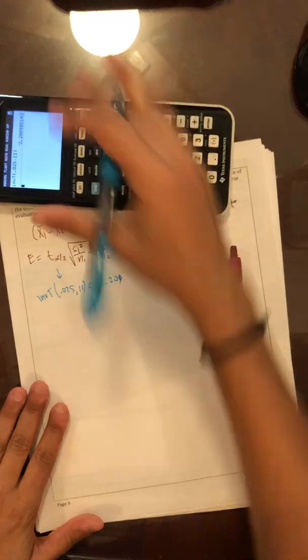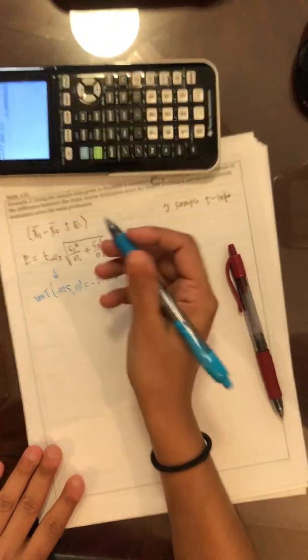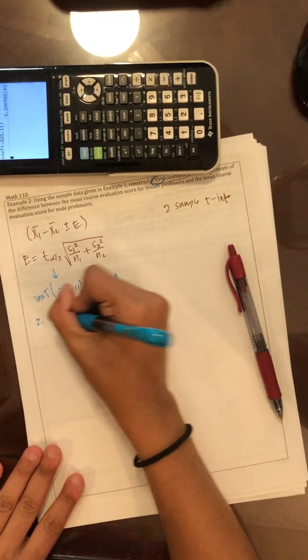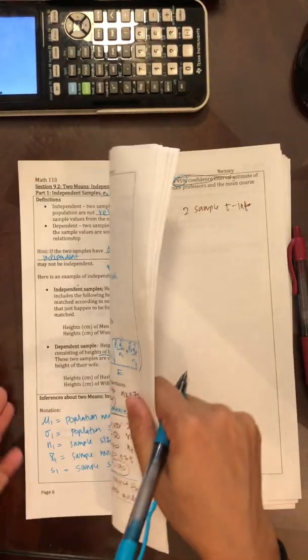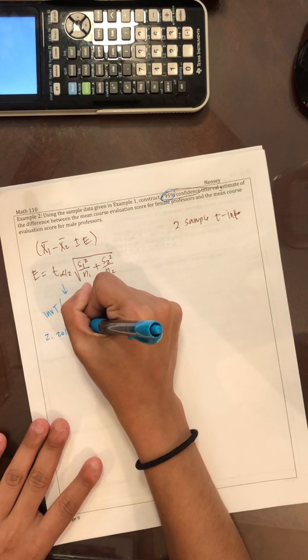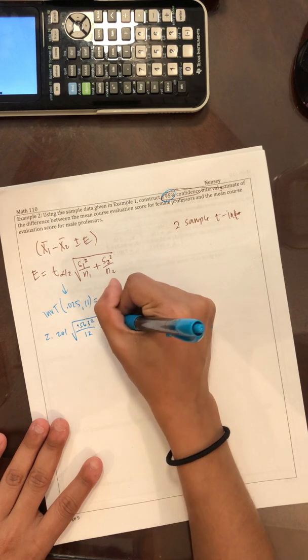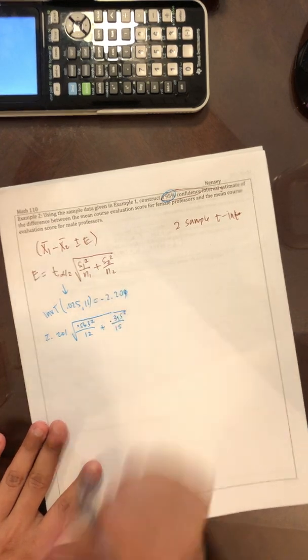Okay, so let's go ahead and plug things into our formula to see what we get. It doesn't matter about the negative, so 2.201 times the square root of s sub 1. I shouldn't have gotten rid of that paper because it had all the numbers on it. S sub 1, which was 0.563 squared over n1, which was 12, plus 0.395 squared over 15.